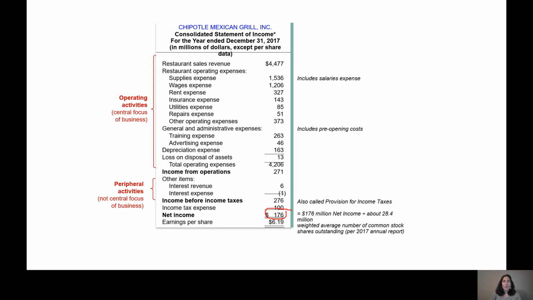An investor, a shareholder, owns those shares, and those shares which are outstanding, in the case of Chipotle, they represent 28.4 million. So you take the net income and you split it between the number of shares which are outstanding, and this is how you get to the earnings per share of 6.19.